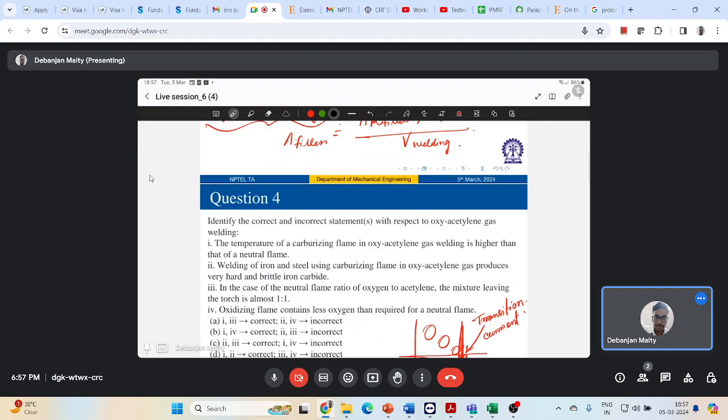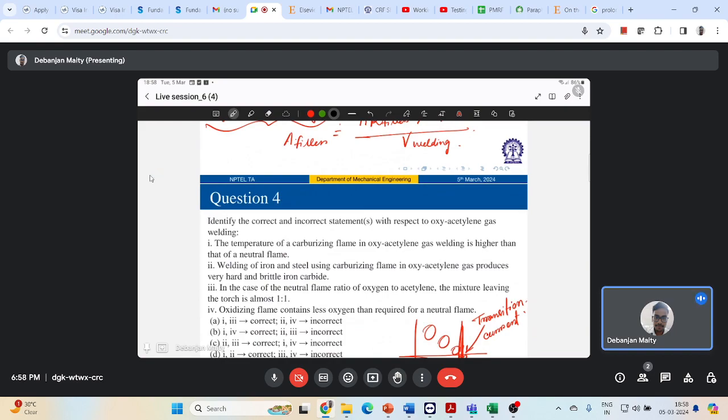Next we will talk about the different kinds of welding parameters and their effects on your weld quality and weld deposition rate, right?